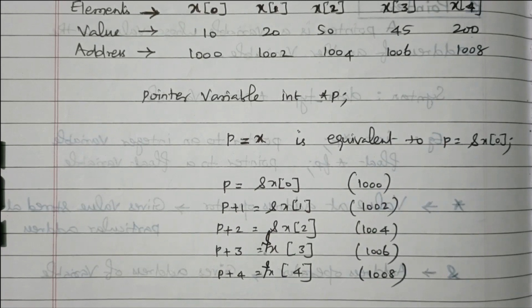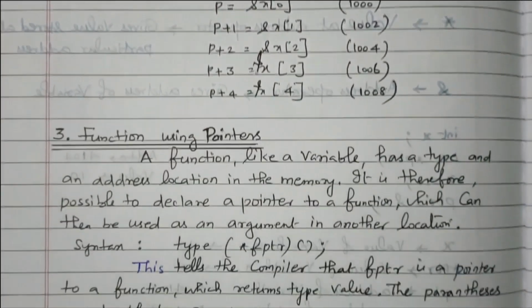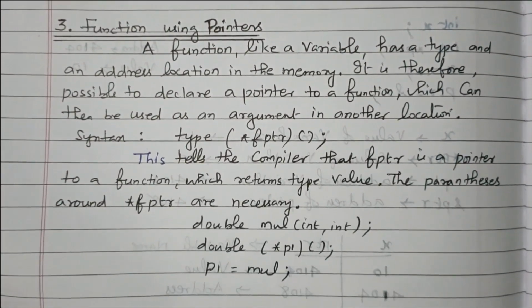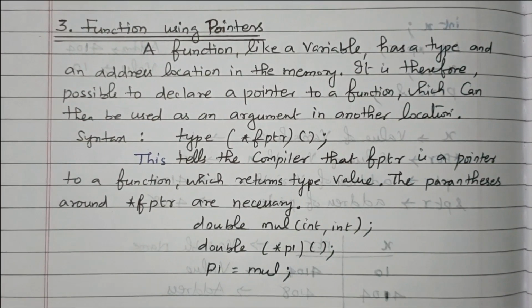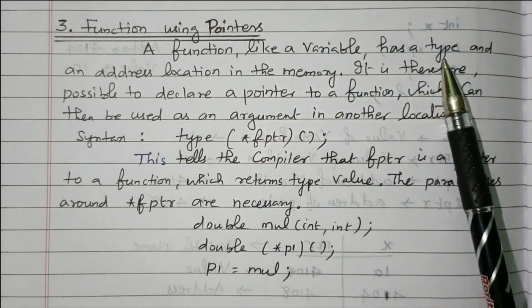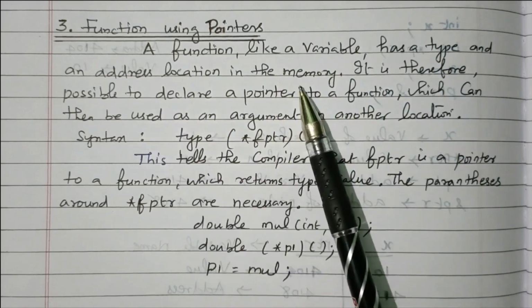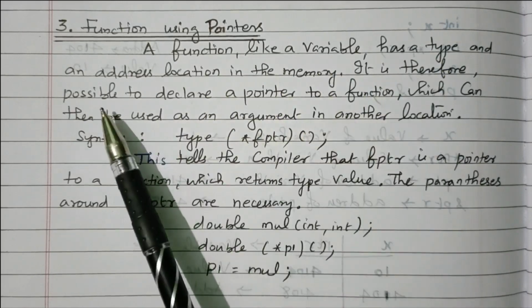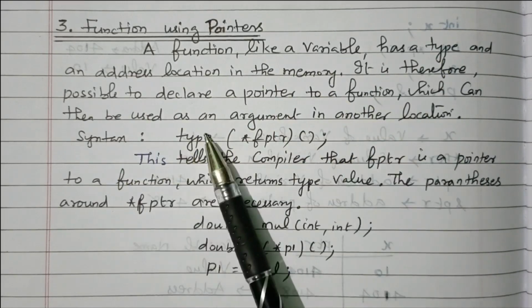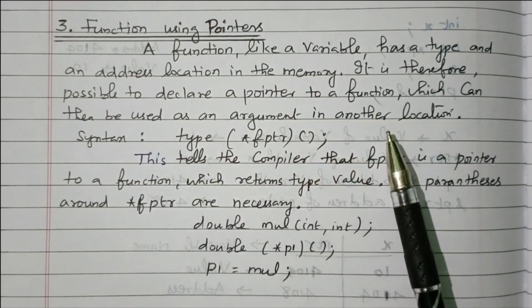Right. Now we'll see the function with the pointers. How can we refer to a function through a pointer? A function, like a variable, has a type and an address location in the memory. It is therefore possible to declare a pointer to a function which can be used as an argument in another location.